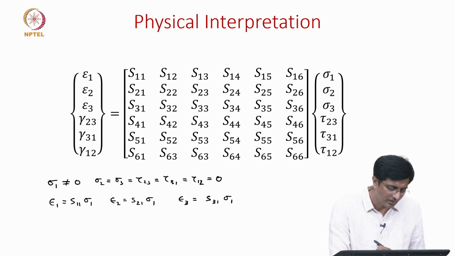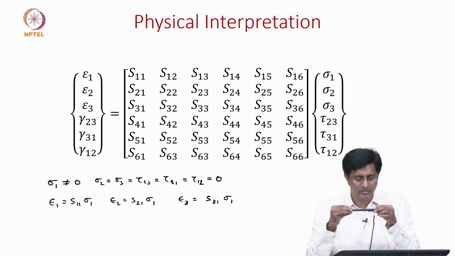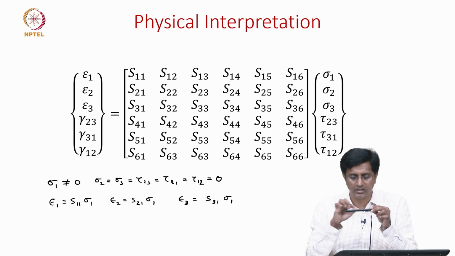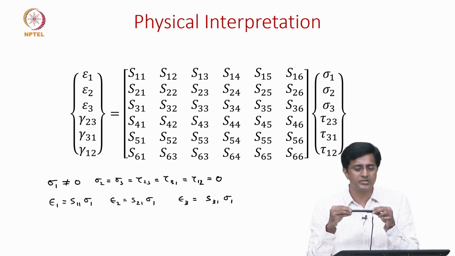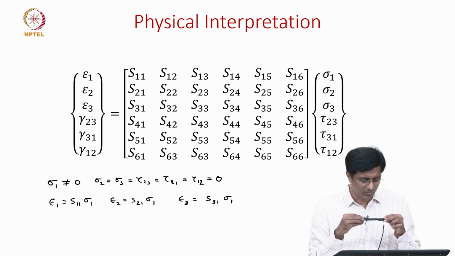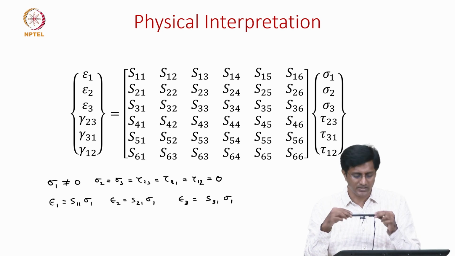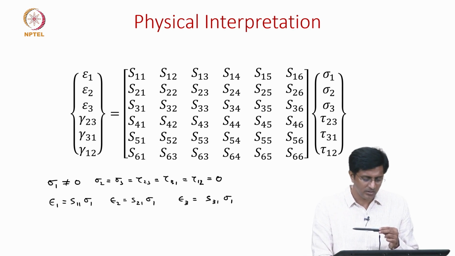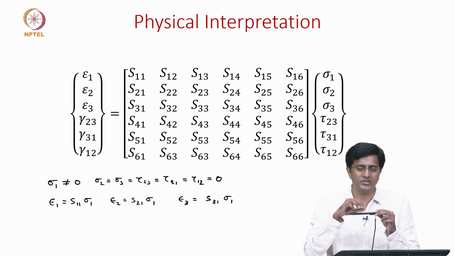So, what does it say about these components S11, S21 and S31? We are saying that because of this uniaxial tension, there is strain in the direction of the load, which is expected and is the same as what we expect for an isotropic material. But here, in addition to the strain in the axial direction, there is also strain in the transverse direction. So, in the second direction and in the third direction there are also changes in dimensions.